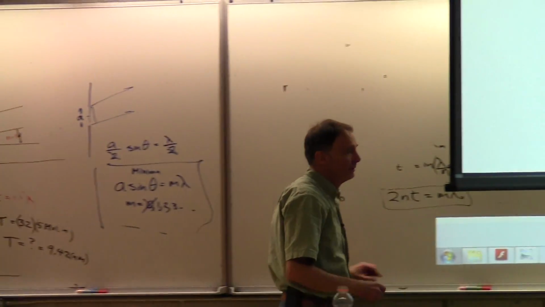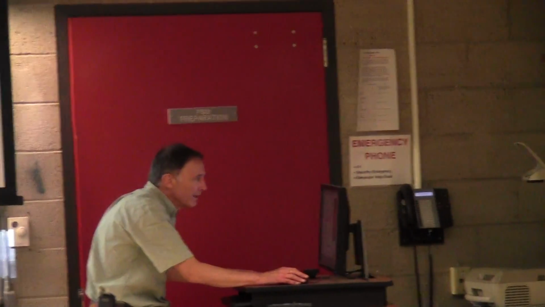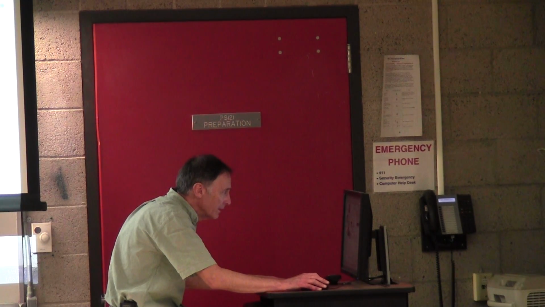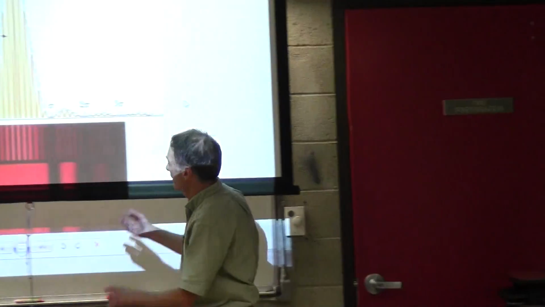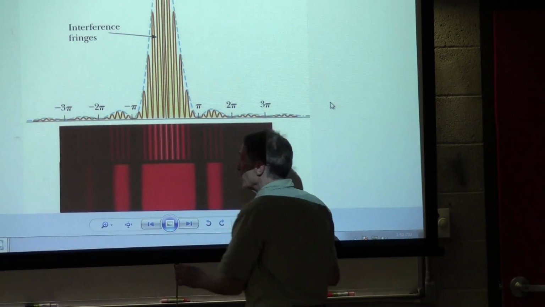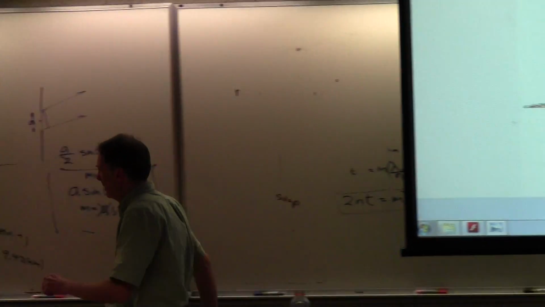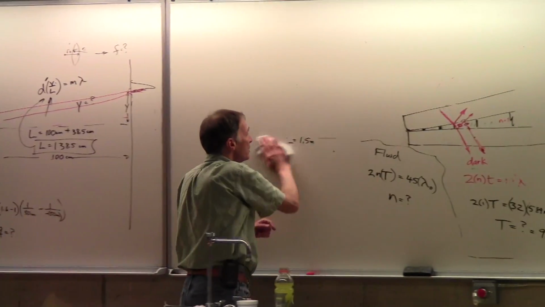Okay, now let's tie that together with double slit interference. The reality of a double slit is that the slits have some distance between them.